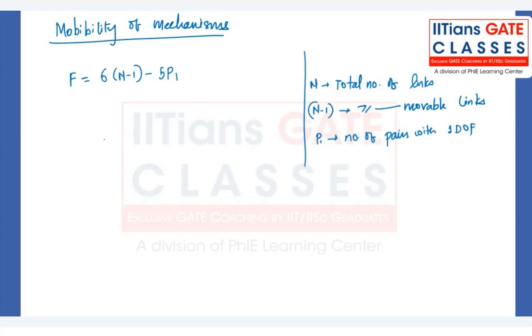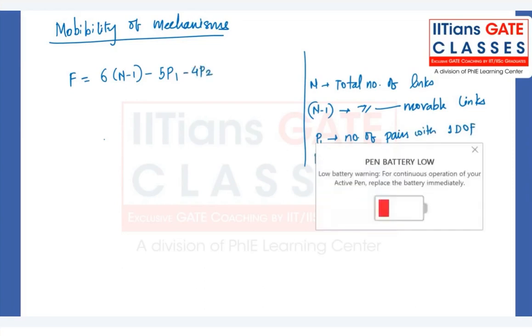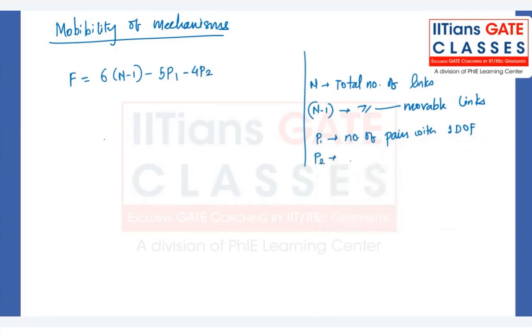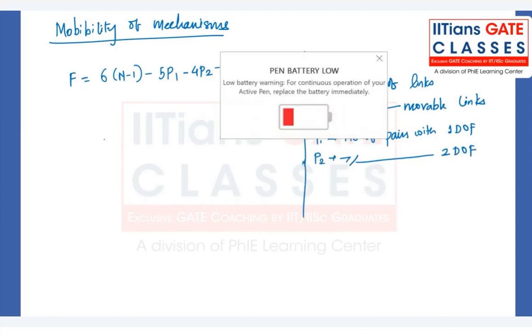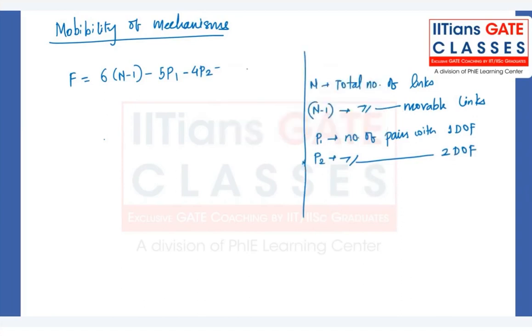That's why 5 times P1 I'm writing here, minus 4 times P2. P2 is the number of pairs with 2 degrees of freedom. Similarly, we have minus 3 times P3, minus 2 times P4, minus P5.